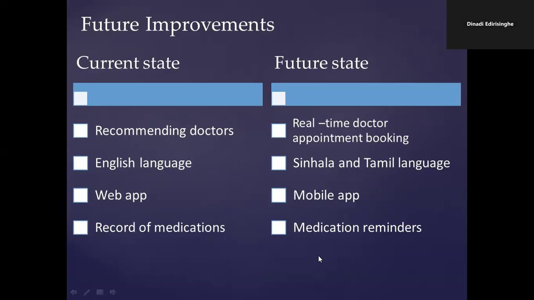The app already has a section to add medications, but with daily busyness, most people forget to take their medications at the right time. But if the app can be improved to send a reminder to the user, that person will take his or her medication at the right time.